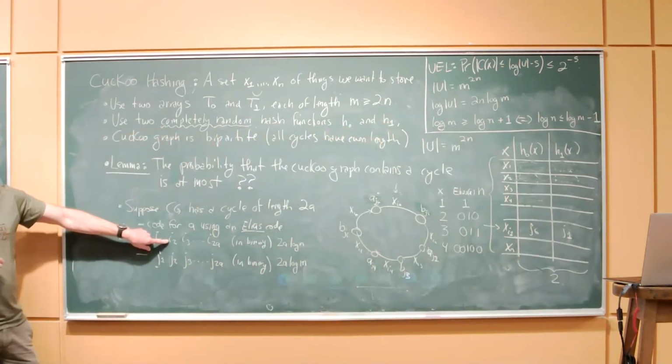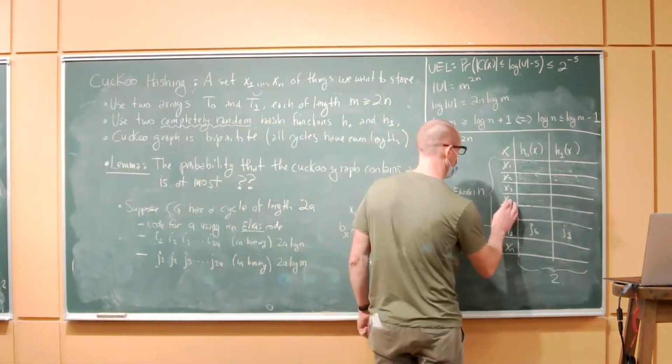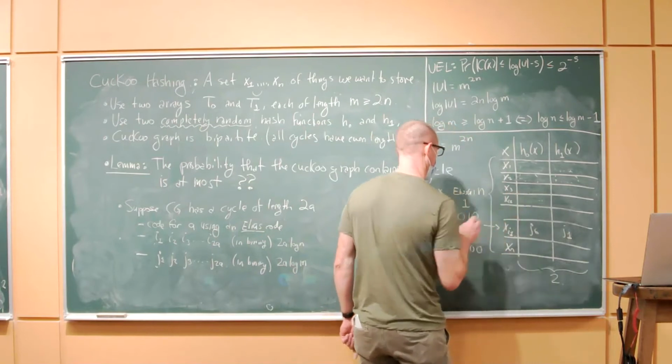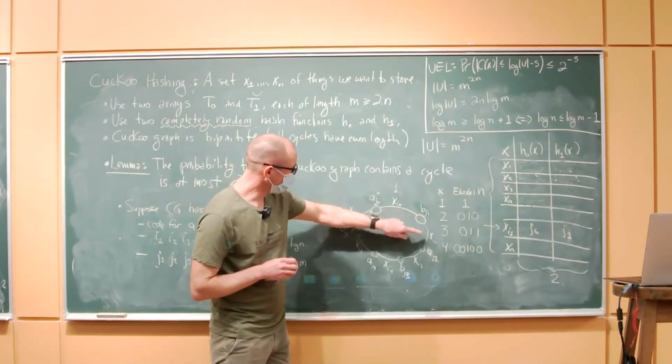But I also know I2. So for xi2, maybe that's this one, I know to put a J1 and a J2.